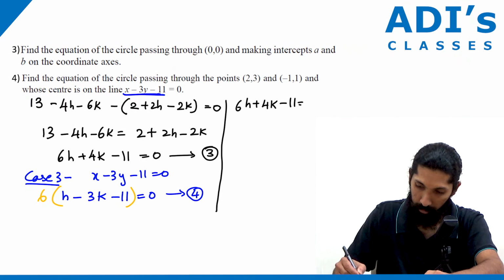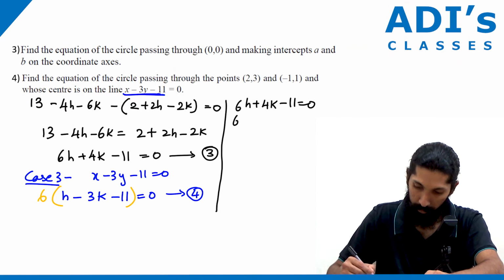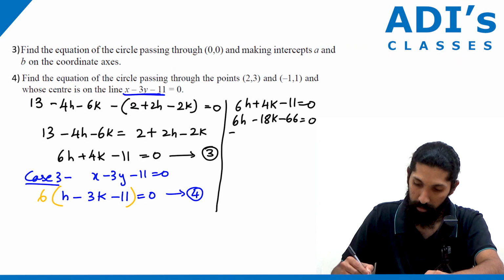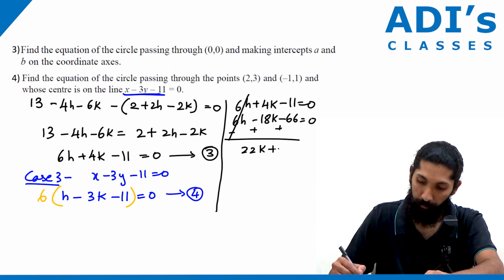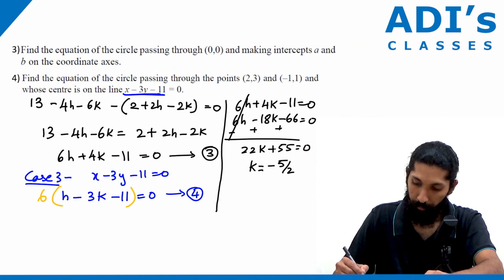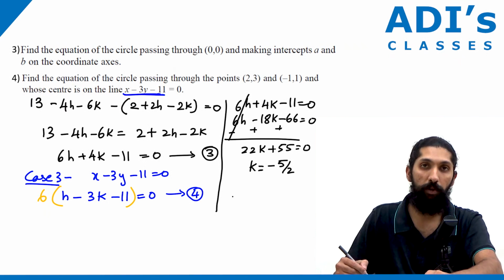Next will give us 6h minus 18k minus 66 is 0. Subtract. Now 4 plus 18 is 22k plus 55 is equal to 0. So k is minus 5 by 2.